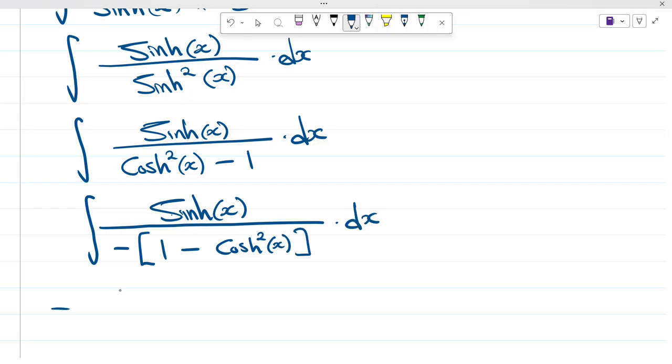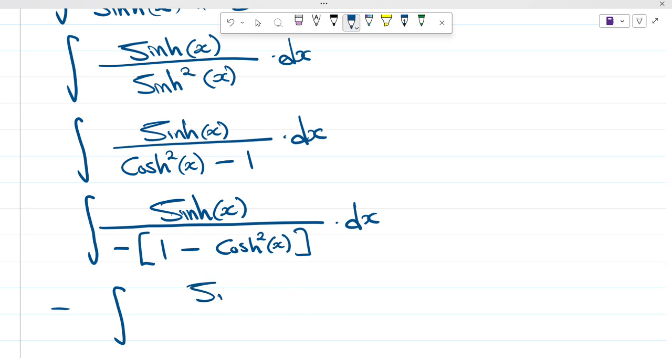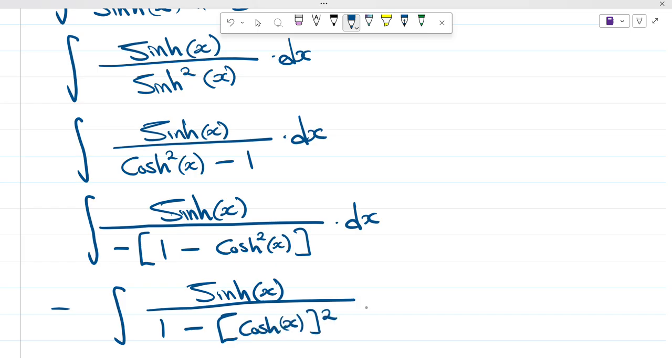Then I can take out the negative that's on the denominator, and now what I have is hyperbolic sine of x divided by 1 minus hyperbolic cos of x squared dx.